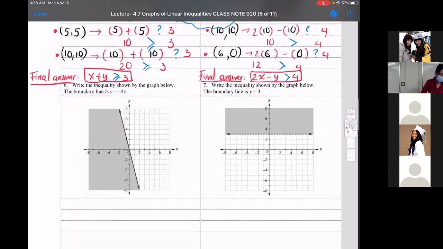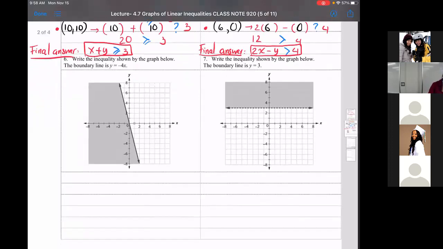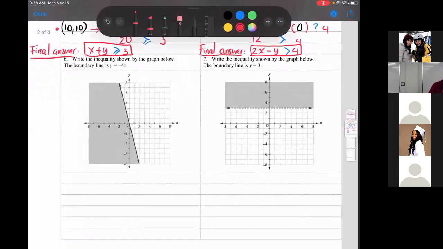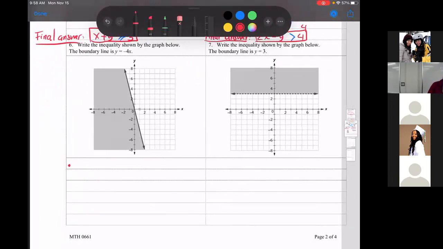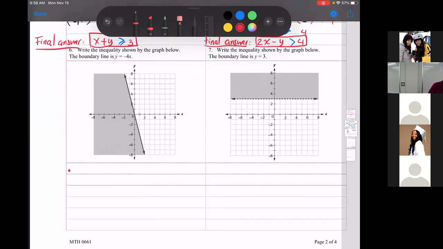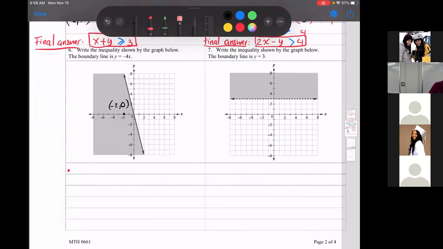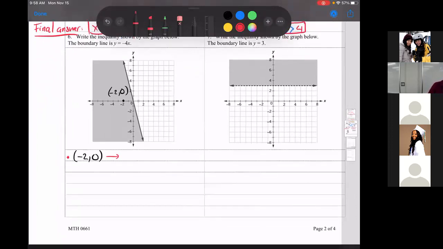Okay. So do what I do, right? You pick a point. Just do what I did above. I'm gonna pick something that may be a bit different than yours, but that's fine. So I'm gonna pick -2, 0. So this I'm plugging into the equation.